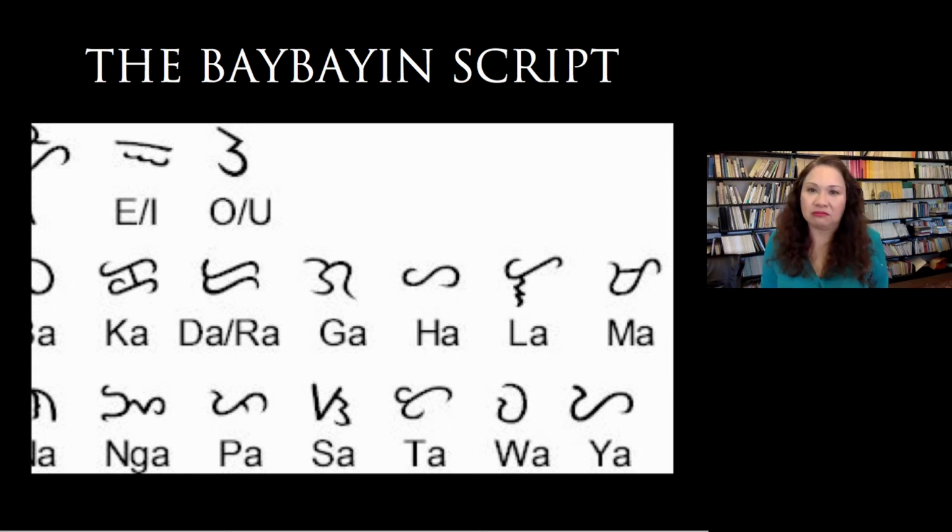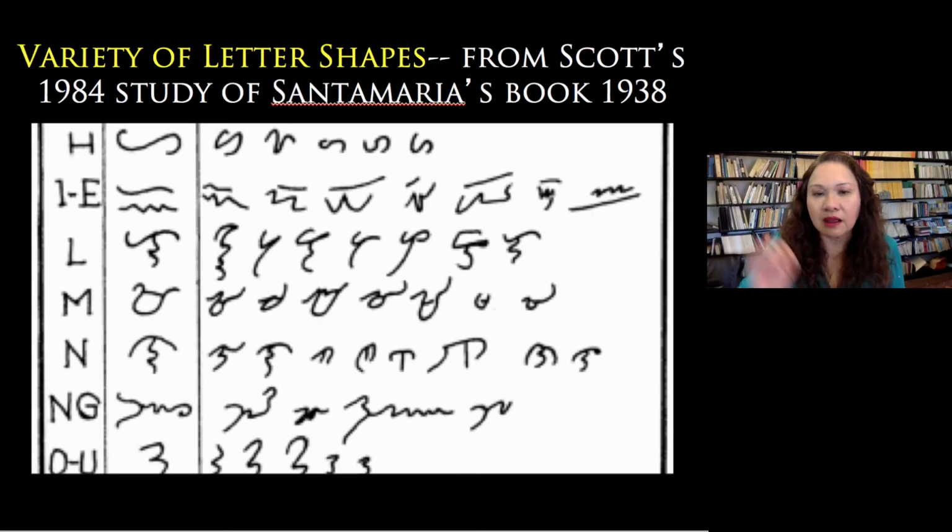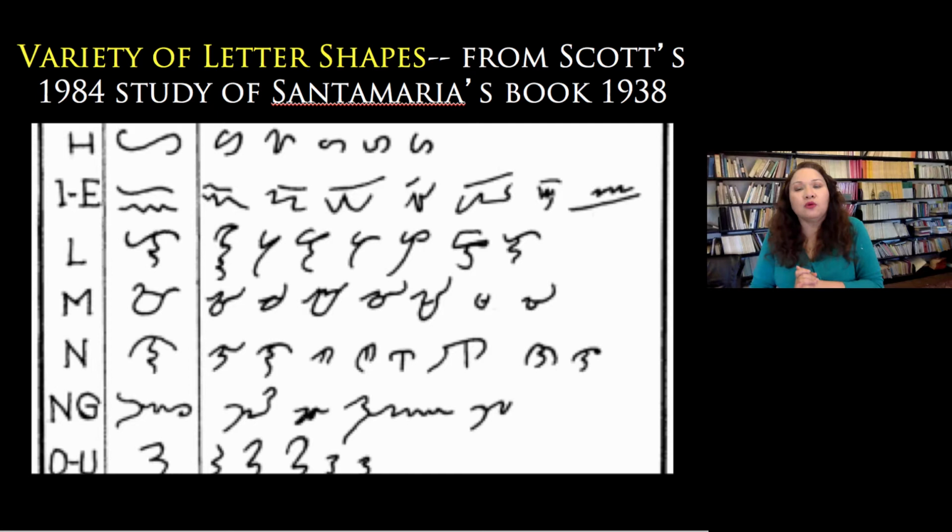People just know. That's just the rule. Okay, now, what do we also notice? When people wrote the Baybayin, there was a variety of letter shapes. And this is from Scott's 1984 study of Santa Maria's book. I don't think this is 1938. This is maybe 1838.